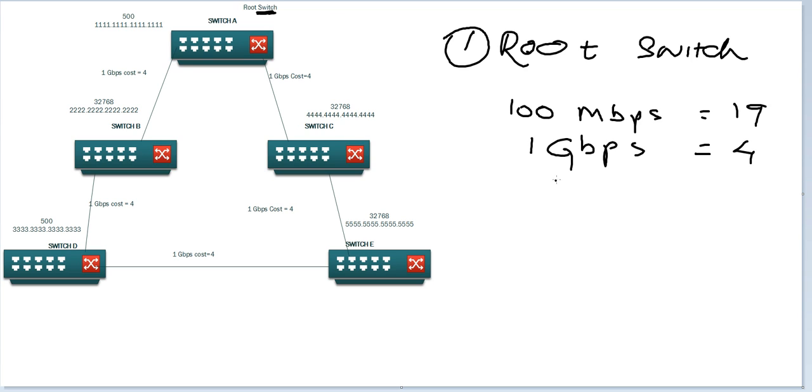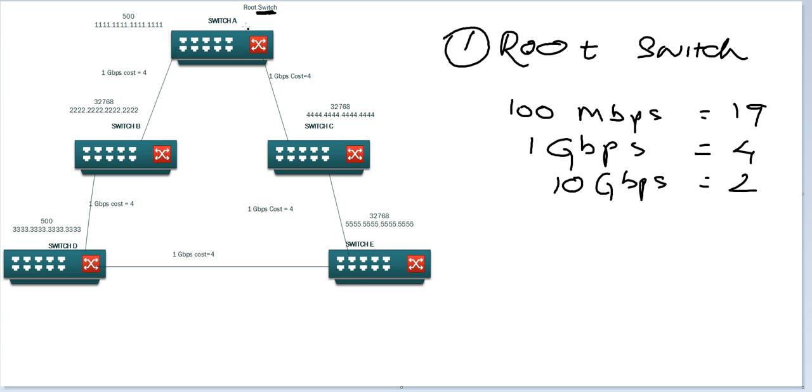If you are using 10 Gbps, the cost is 2, right? All our links are 1 Gbps links, as you can see here. Hence I have already defined the cost as 4. So for switch B to reach the root switch, the cost is 4. Hence this port is going to be your root port.